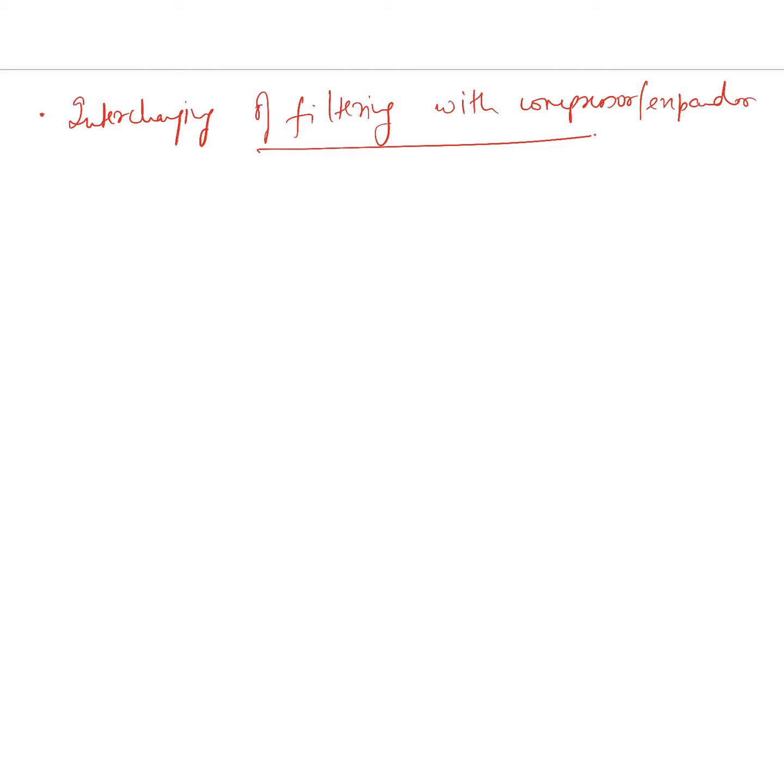Let's first recall how we use this compressor. We have some signal x of n, and we pass it to this downsampler, which we call M, and we get some signal.